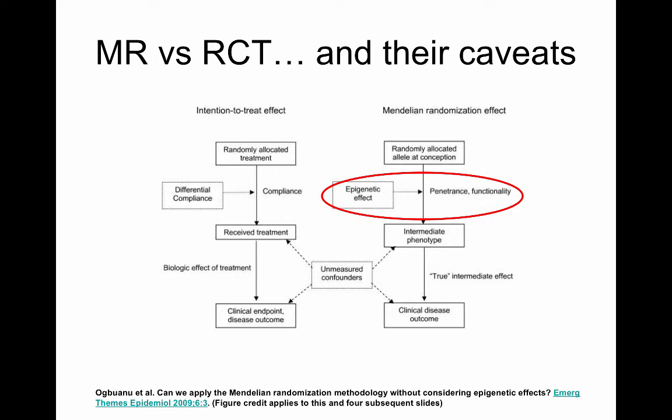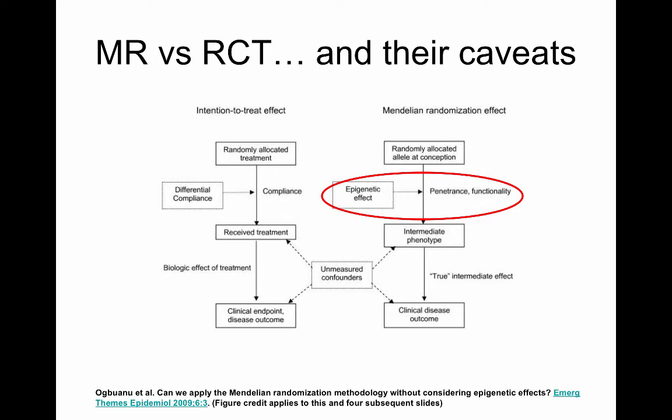Why? Well, because if we look at the treatment that the person actually got, as opposed to the treatment that they were randomized to get, the compliance with the treatment itself may be influenced by other factors that would induce bias.